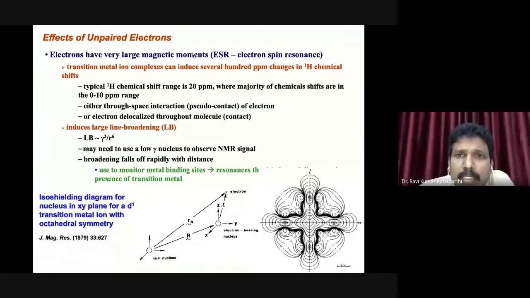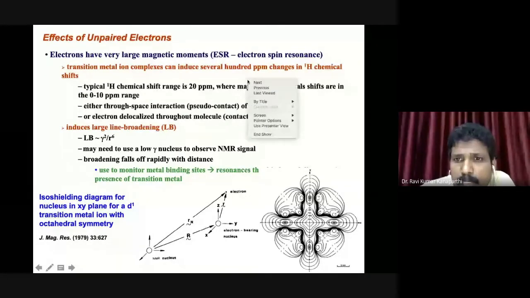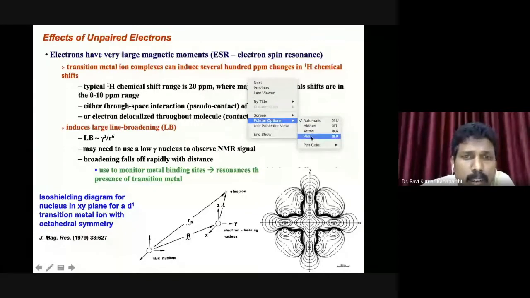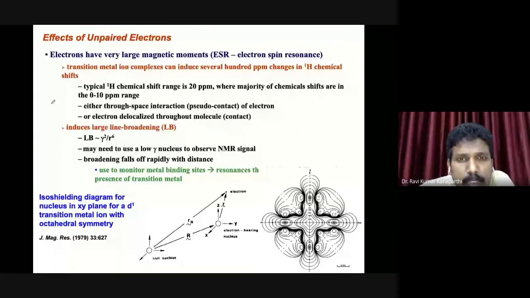Because their chemical shift values will be out of the range when you are talking about proton NMR. If you are talking about some other NMR, then it may come into play, but for proton NMR, as you remember, the scale is maximum minus 0.5 or minus 4.5 to 15 or 16, or maximum 20 ppm, that's all.